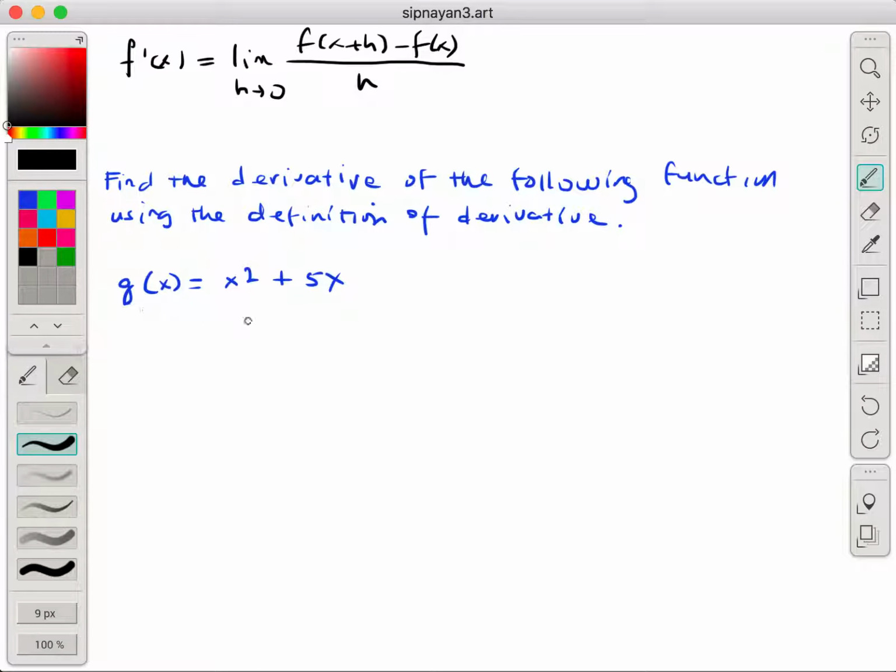In our example, we have to find the derivative of the following function using the definition of derivative.